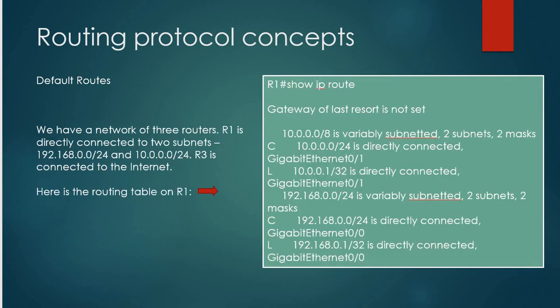Let's see. We have a connected network of three routers. Router 1 is directly connected to subnet 192.168.0.0/24 and 10.0.0.0/8. R3 is connected to the internet.